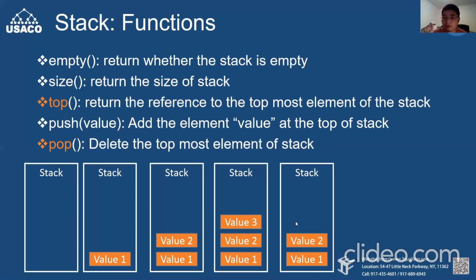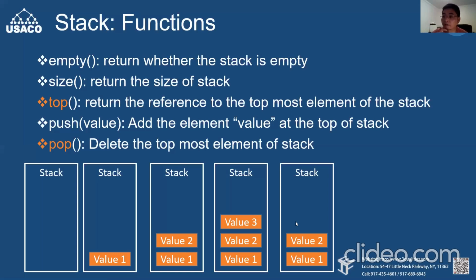Remember this. When we call the top function, we only check, hey, who is the value on the top, but we do not remove it. So top is returning the topmost element of the stack, but that item is still in the stack. We just return the reference to the topmost element.